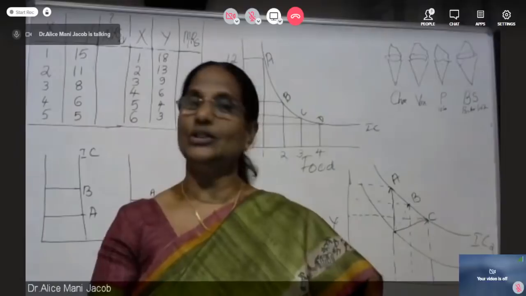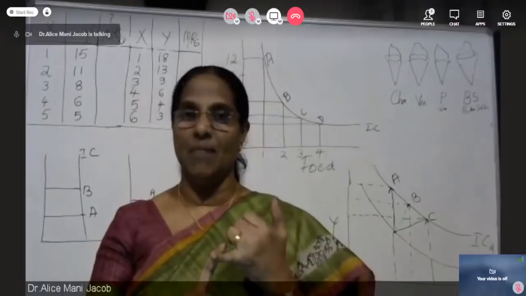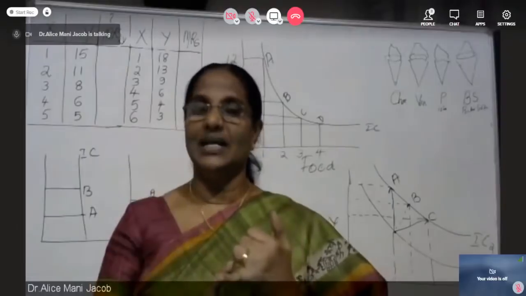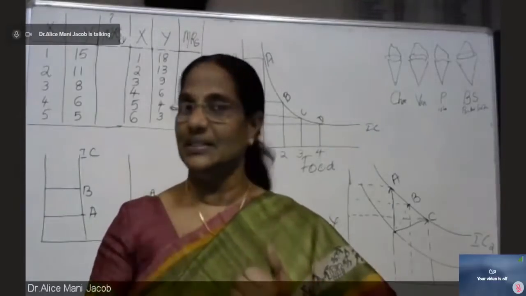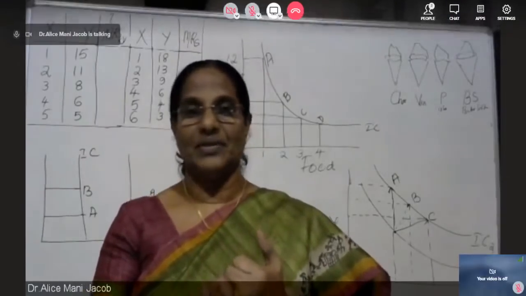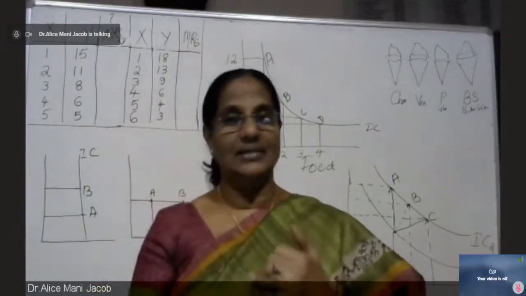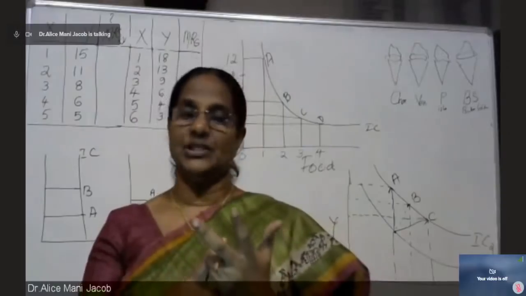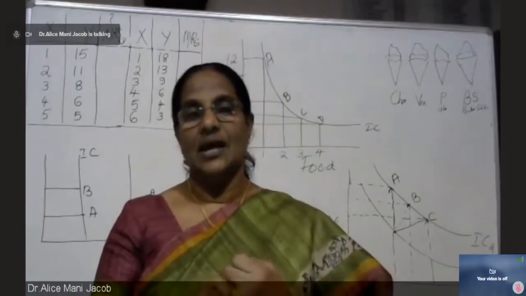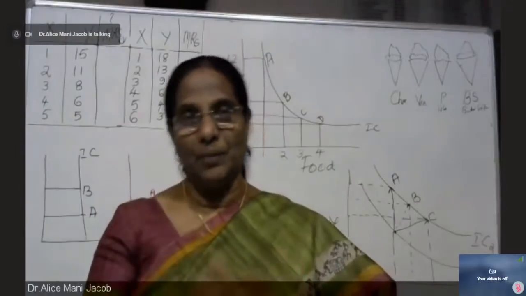Last class I taught you the law of diminishing marginal utility, that is, cardinal analysis by Marshall, where utility is expressed in the form of cardinal numbers like 1, 2, 3, 20, 30. Then we went to consumer surplus, something that every one of us feels in our day-to-day life: the extra satisfaction you get when you buy or consume certain things for which you pay less than what you are willing to pay.